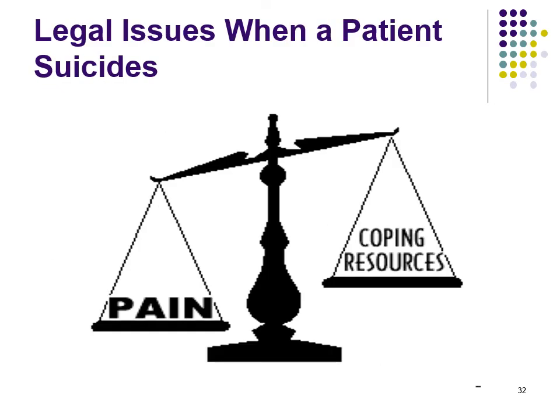All right, legal issues when a patient commits suicide. I'm talking about when a patient commits suicide either on your unit or within 72 hours of being discharged from your unit. That's considered the time frame that we're responsible for them after they are discharged from our unit. It's always a very emotional issue when this happens.